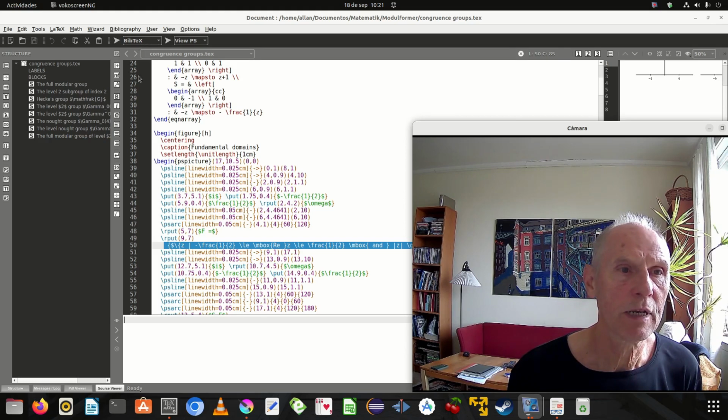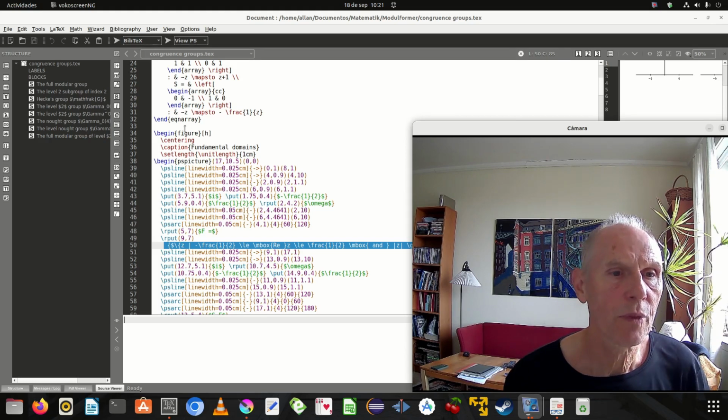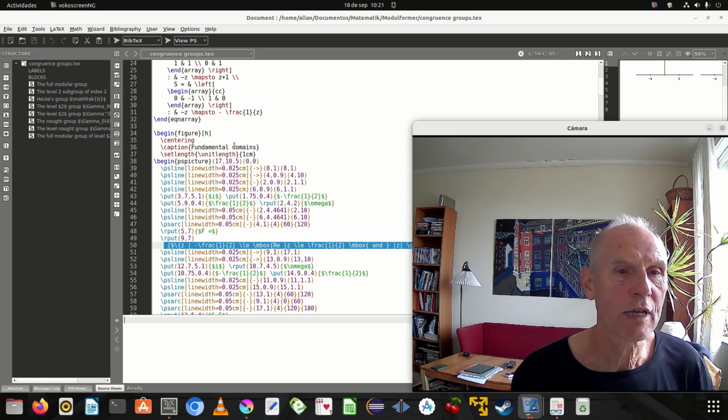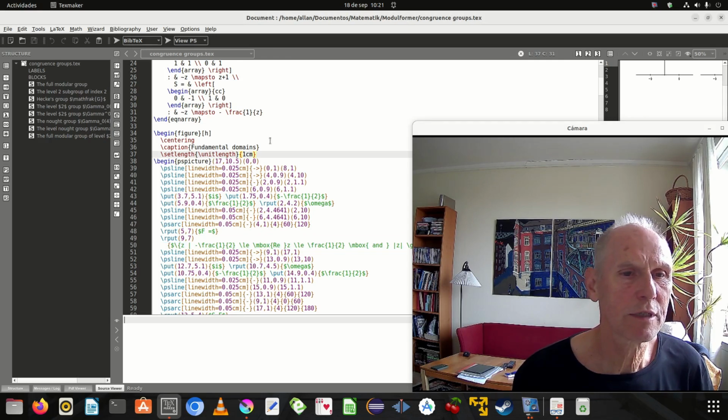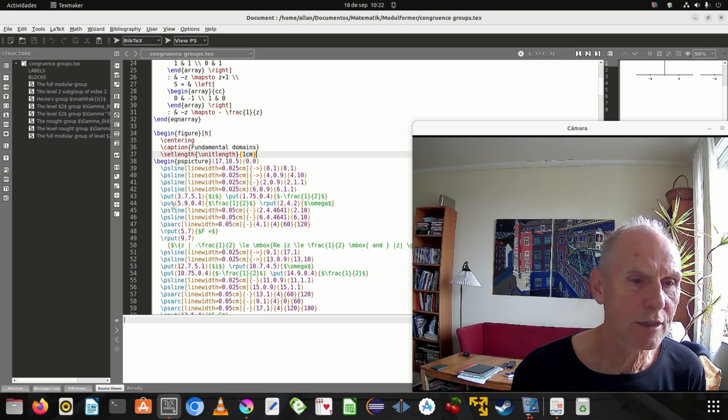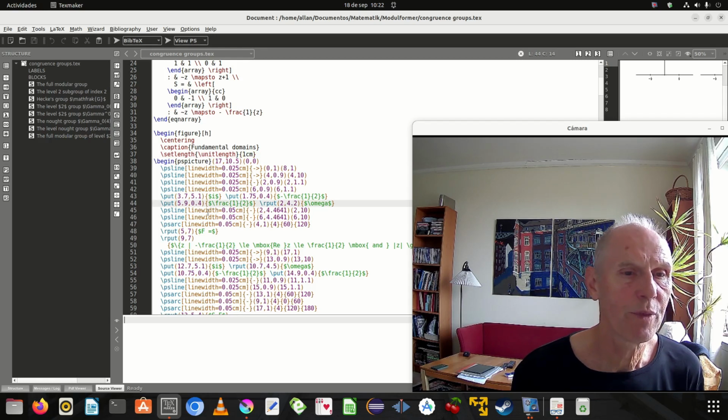So it's in LaTeX. And I make a figure with a caption, fundamental domains. I don't think this is necessary, I think that's default. And then I make some lines and some text. It's the points we have here.